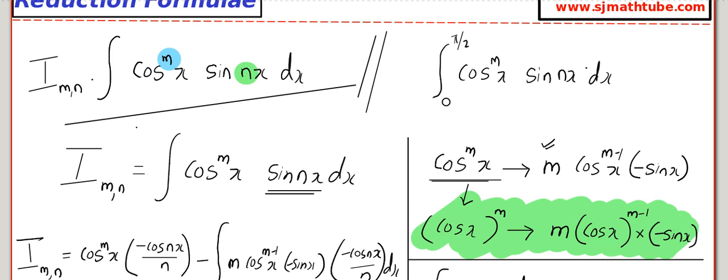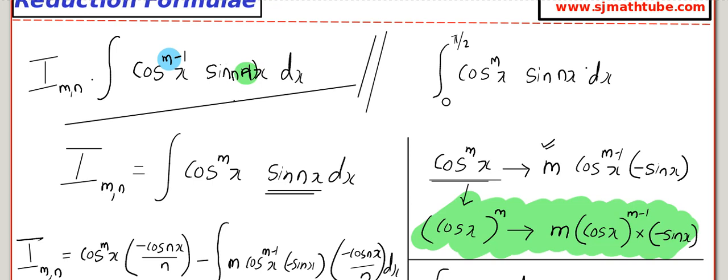In the first lesson itself I told you, when you derive a recursion formula or a reduction formula, you will always write the bigger number in terms of the smaller number. So basically this is what we expect. We want cos to the power m minus 1 sin n minus 1. This is what we want.